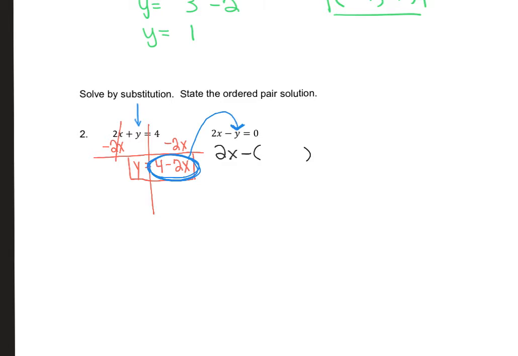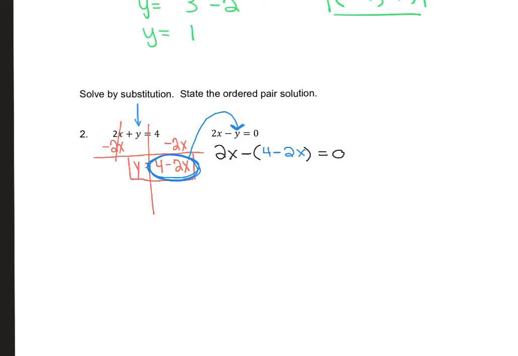So 2x minus a big set of parentheses equals 0. What am I going to put in that big set of parentheses? I'm going to put in 4 minus 2x. Now what does that do? Well, now I have to distribute.